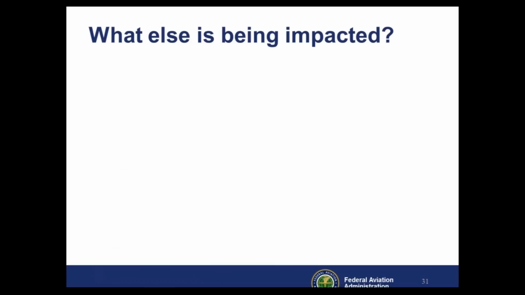So we're really coming towards the end of the presentation. Just a few things I want to wrap up with you. What else is being impacted? Well, we did have to make some changes to IACRA. Nothing too significant. The IACRA system, as you may be aware, whenever you issue a notice of disapproval or a letter of discontinuance, I'm really speaking to the designees in this case because they're the folks that are going to see this, you are presented with a table, and the table lists the areas of operations.